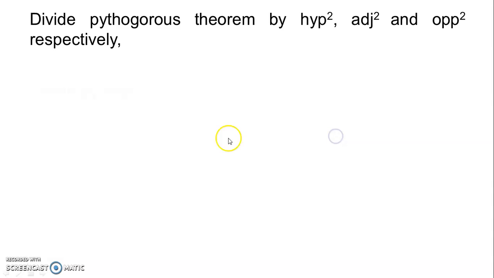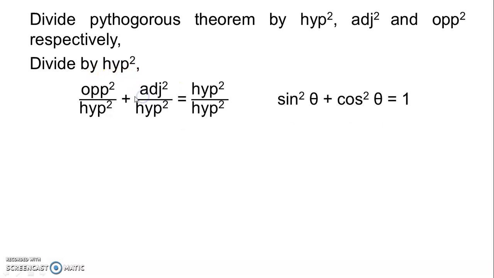So then let's divide the Pythagoras theorem 3 times by hypotenuse square, adjacent square and opposite square respectively. First we will divide by hypotenuse square. We will get the opposite square divided by hypotenuse square plus adjacent square divided by hypotenuse square is equal to hypotenuse square divided by hypotenuse square. So we know that already your opposite divided by hypotenuse is your sine theta.